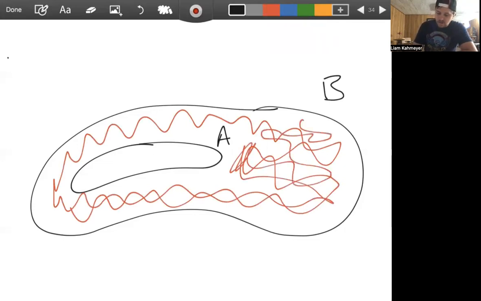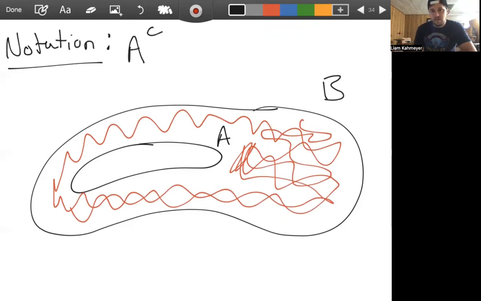The notation here is a lot of the times you'll see A complement. And if it's not understood what the superset is, what A is a subset of, sometimes you'll also see a lower script B there to indicate what it's a complement in, right?